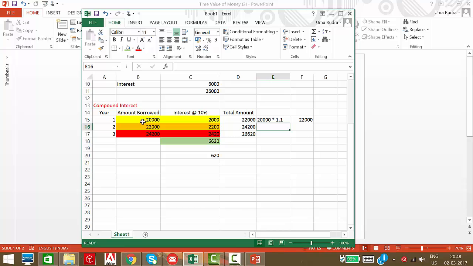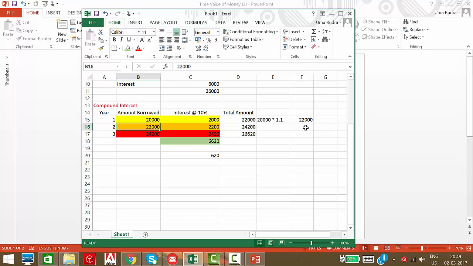Second year, I have charged interest as per the compound interest method. Last year's principal plus interest would be the next year's principal. So in the second year, interest is charged on 22,000.